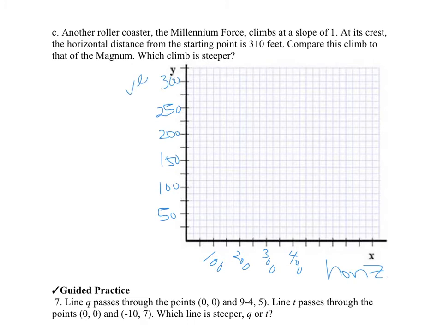Of course, it's the vertical. All right, so Millennium is going to be slope of 1, so 1 over 1.